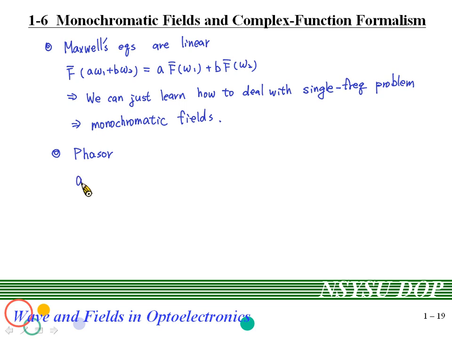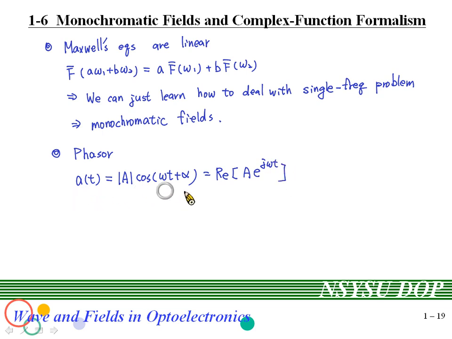Consider a function a, which can be expressed as a cosine function with the amplitude absolute value of A, and the cosine function of omega t plus alpha. For such a function, we can re-express it as the real part of A times exponential j omega t.